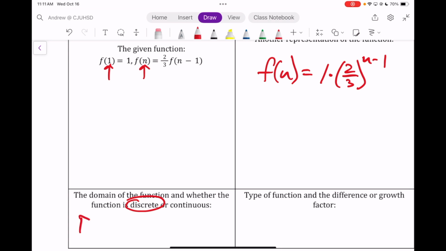So the domain of this would actually be the counting numbers, or also called the natural numbers. The shortcut for that is just the letter N, and we'll just say natural numbers. The type of function, again, geometric.